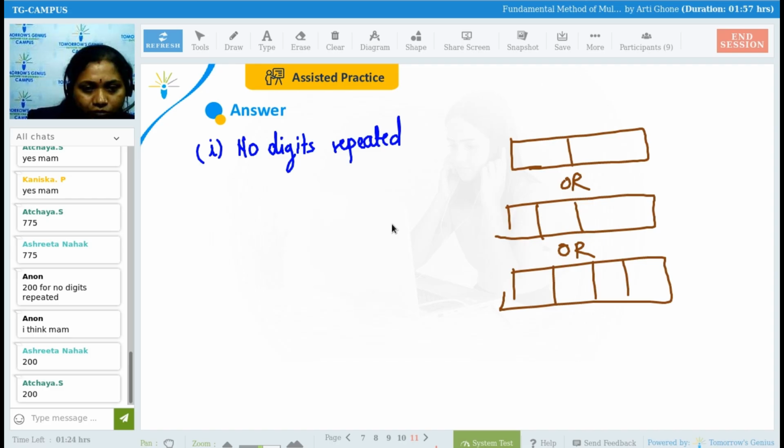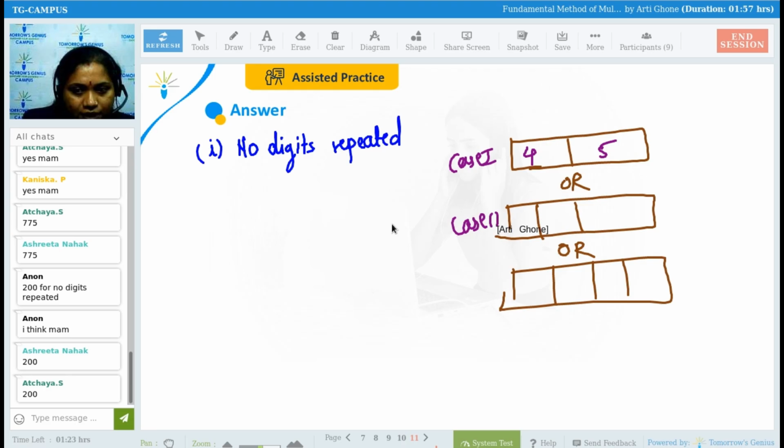So everyone is thinking. Case 1, 2-digit creation, is case 1. We'll start with the unit place. When we are creating a number, we start with the unit place. I have 5 chances for the unit place. Then if I put anyone there, the chances for the next place are 4.